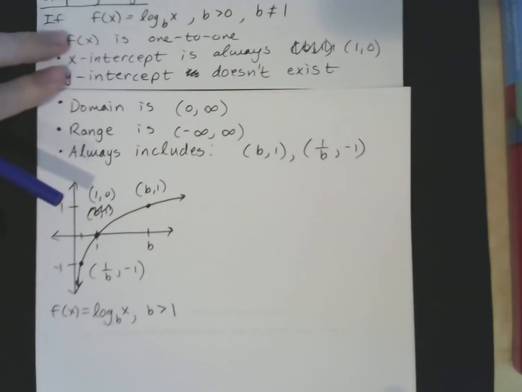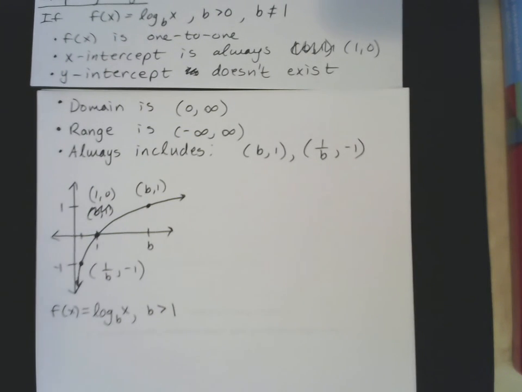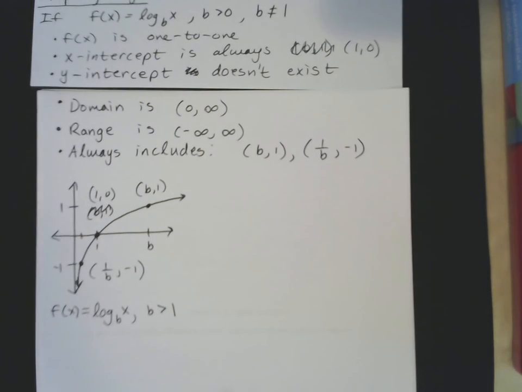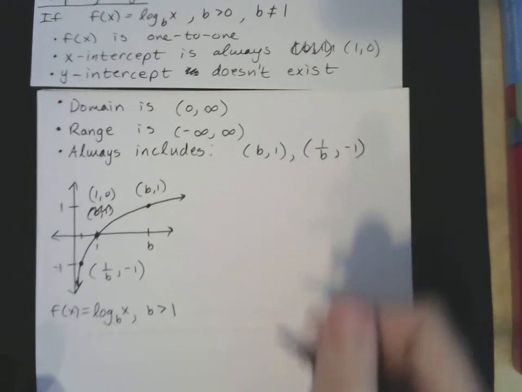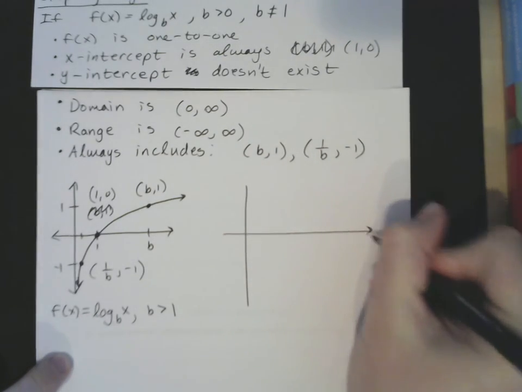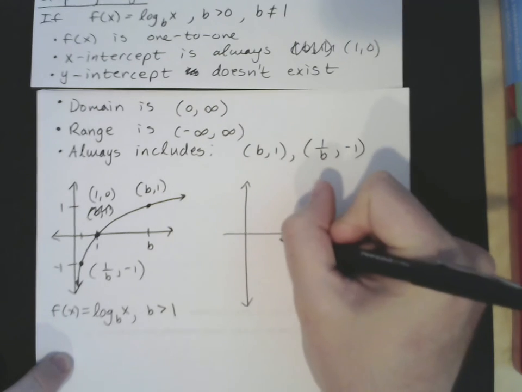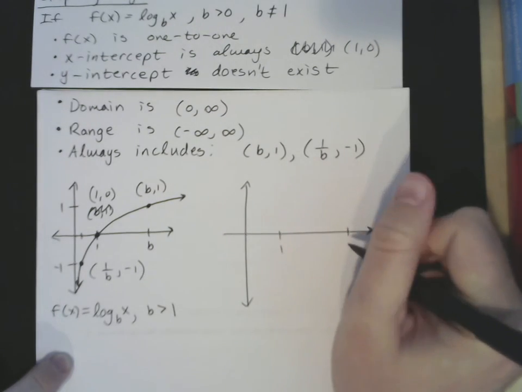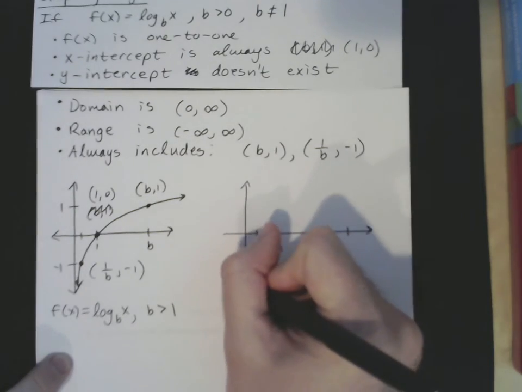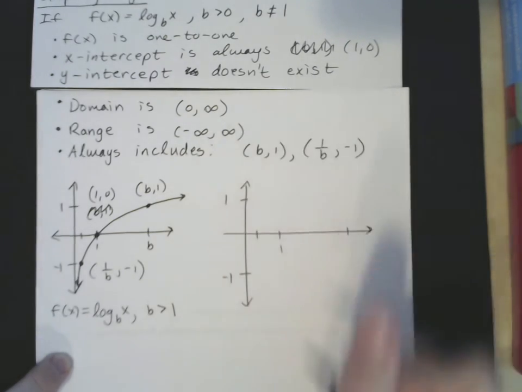So just like with exponentials, we have 2 different graphs for logarithms. One when b is greater than 1, and since b needs to be greater than 0, one when b is between 0 and 1. So our other graph that we could have, something like that, negative 1 and 1.